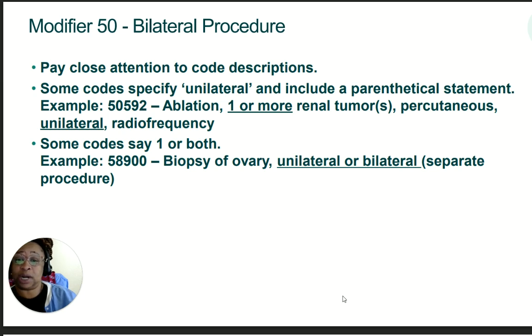It states unilateral or bilateral biopsy, separate procedure. So in this particular case, it tells you that this can be done unilateral or bilateral. It doesn't necessarily need a modifier because it states it in the description. As long as it states it in the description, modifiers are not needed.